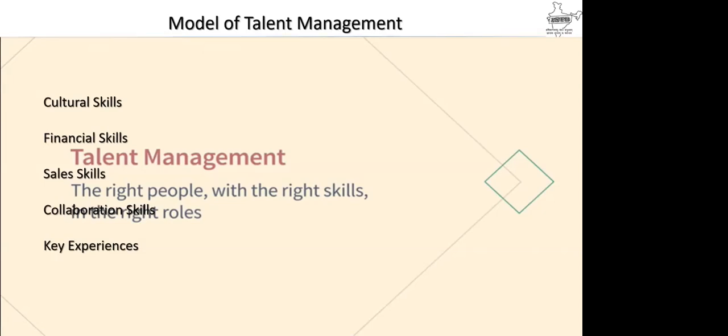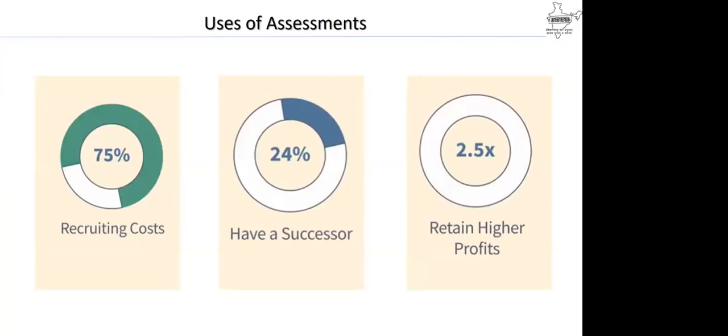So how does one do that? Through assessments, and again, that particular survey I was referring to earlier, done by Harvard Business School. They saw that assessments are fairly common right across the globe, and for recruitment, at least 75% of organizations are using some kind of assessments.